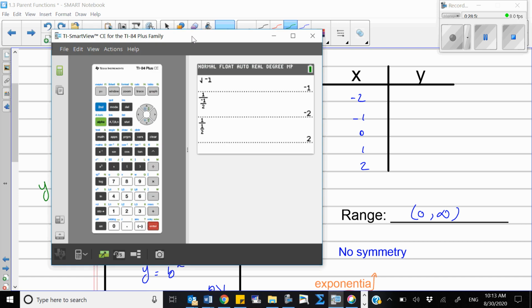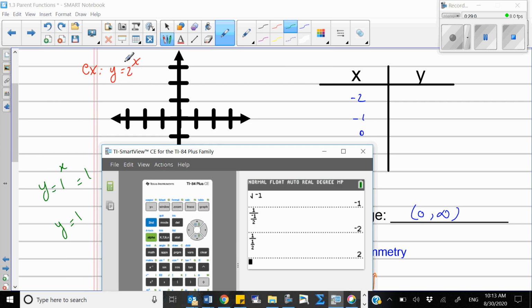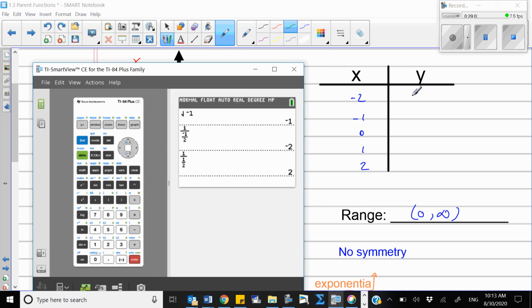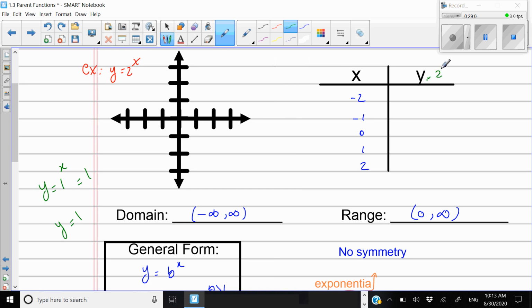The base, I use base 2 here. So for y equal to b to the power of x, it will be 2 to the power of -2. Then 2 to the power of -1. 2 to 0, 2 to 1, and 2 to 2.